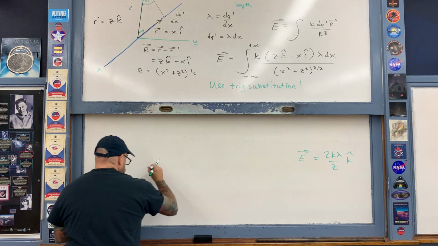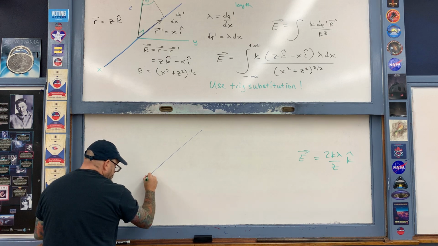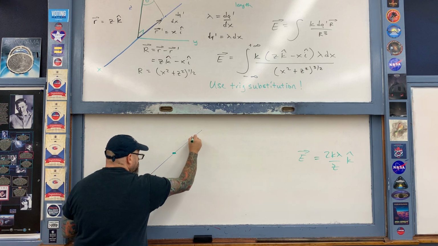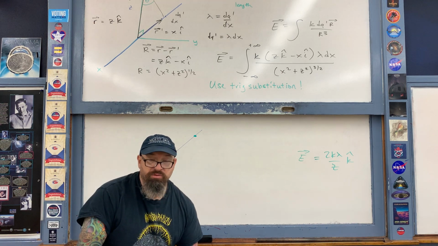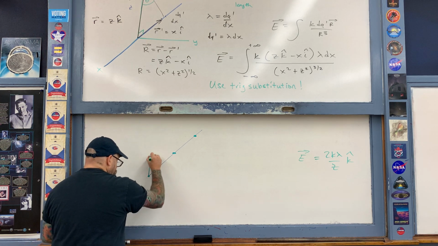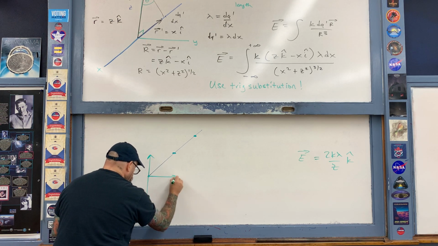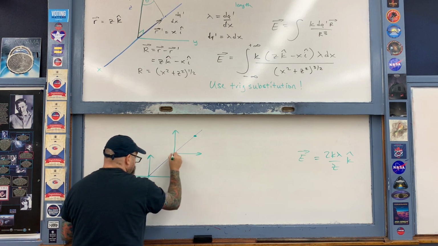So let's say right here is the wire on the diagram above, and then let's just pick some individual points, say here, here, and here. And then perpendicular to the wire and radially outwards from the wire are all of the electric field lines. So right here in this position, we've got the electric field lines like so. In this position, the electric field lines like so.